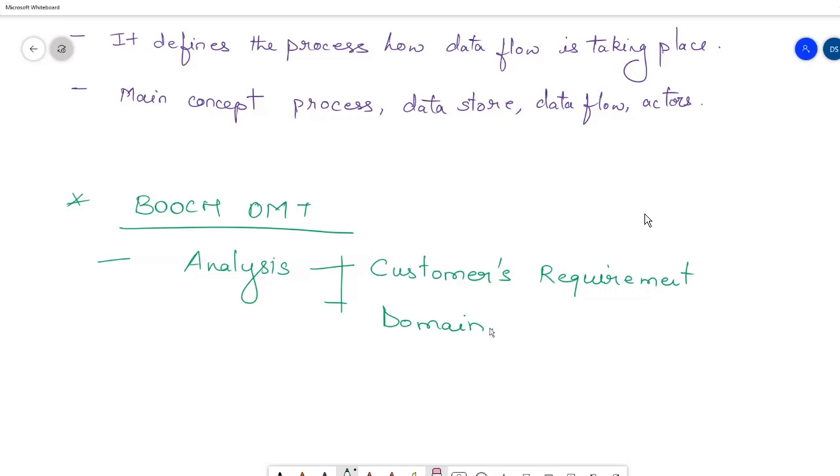Those all things would be included in domain analysis. And one more thing, in the analysis phase, validation is also done, whether the object's state transition was taken properly or not. So validation plays an important role in the analysis phase.